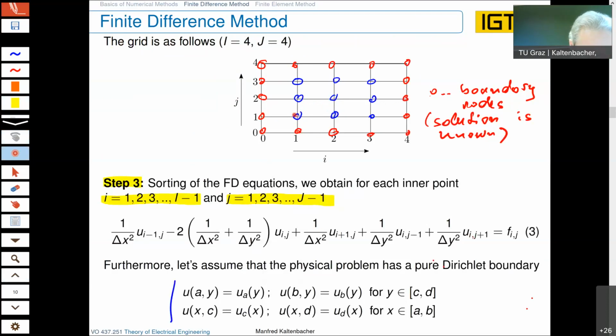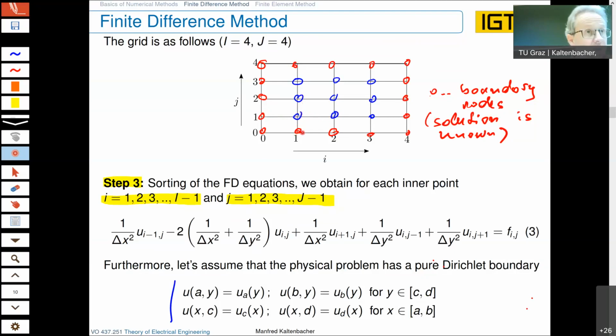But if it is this node here, where i is equal to 1 and j is equal to 1, then the stencil tells us that we need the unknowns at this node, this node, this node, and this node to get this stencil at this ij.